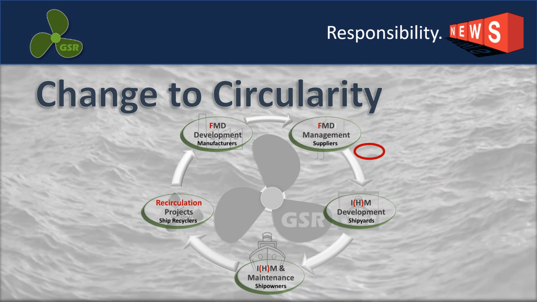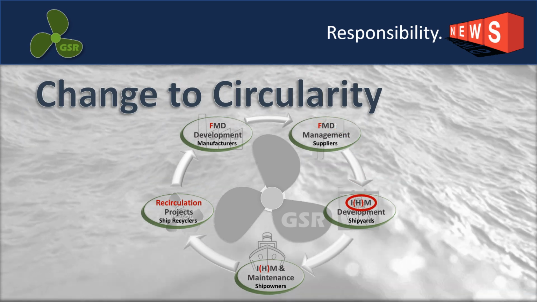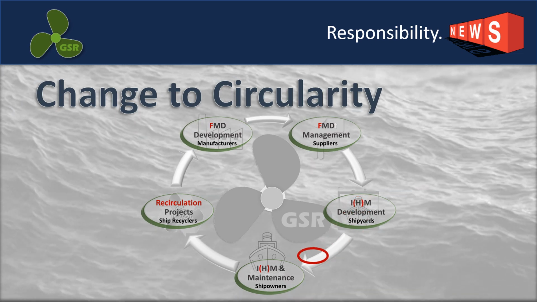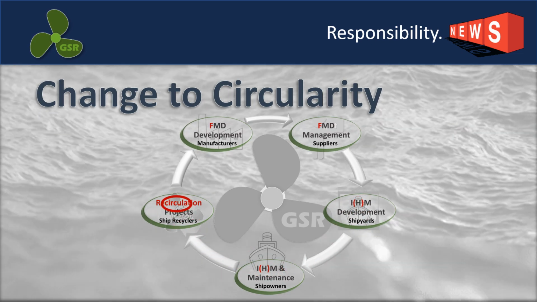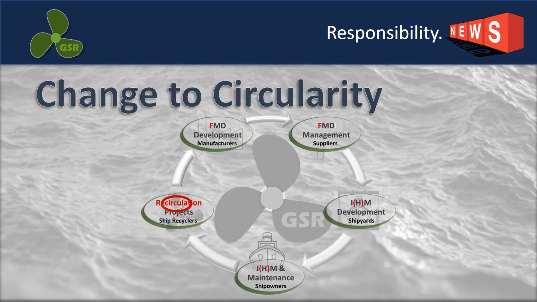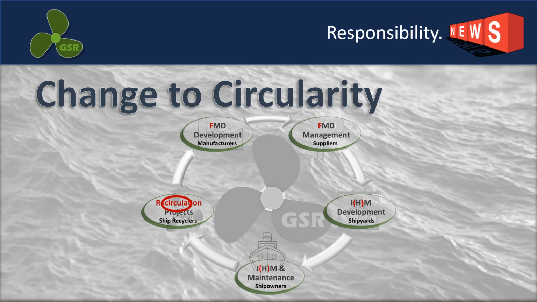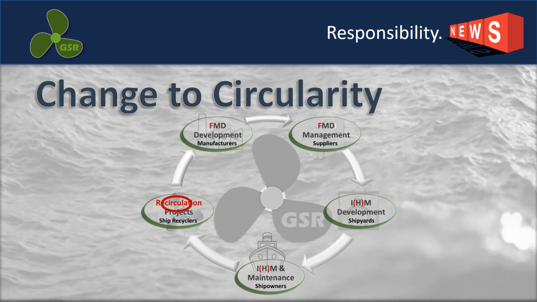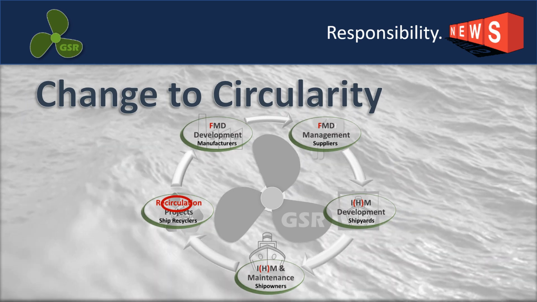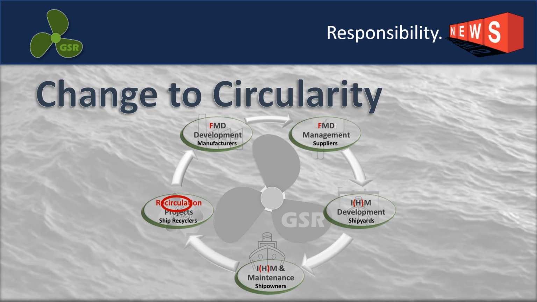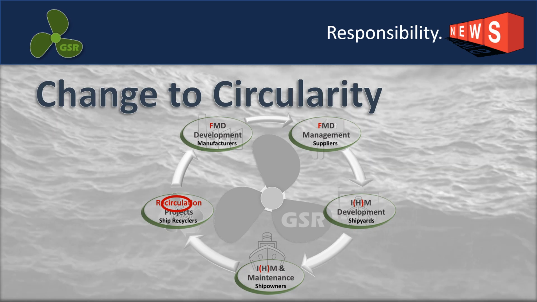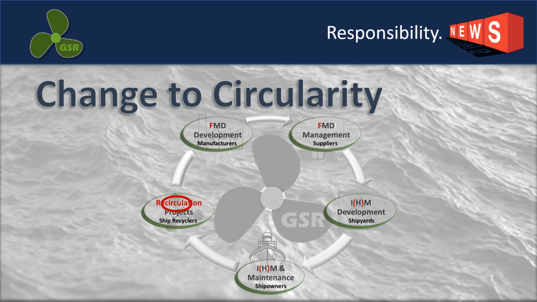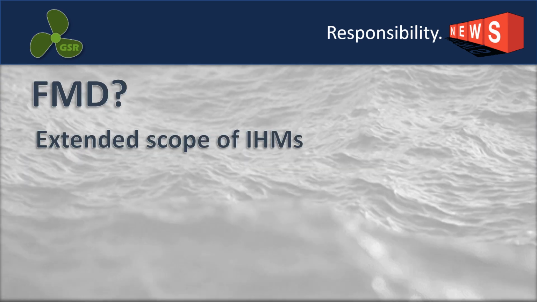These full material declarations are key for having a proper inventory of materials. And only with that can we achieve circularity, because the material which is to be handled and distributed further is very clearly described, and not only a small selective part, which means hazardous materials as per the IHM, which in itself has a very limited scope.